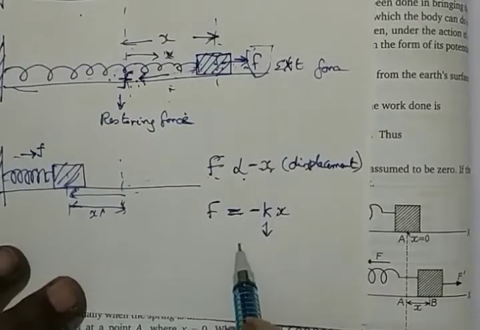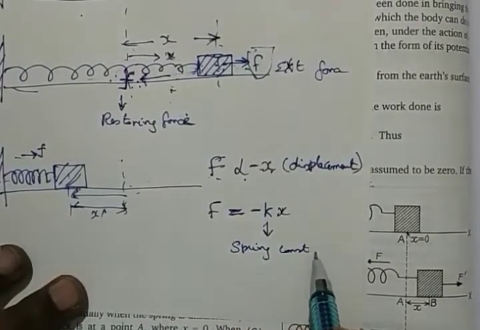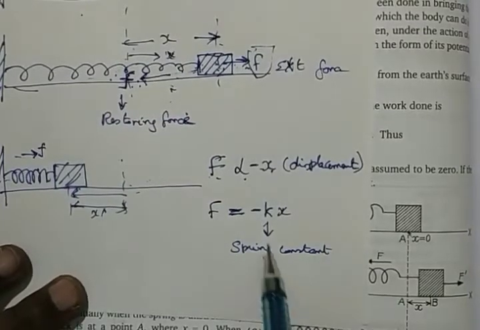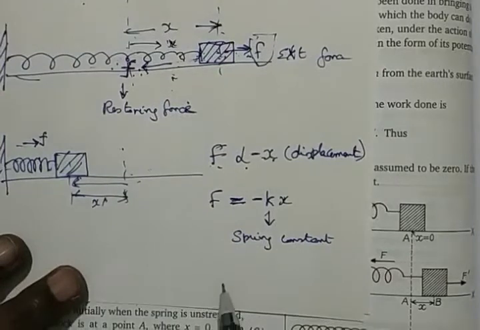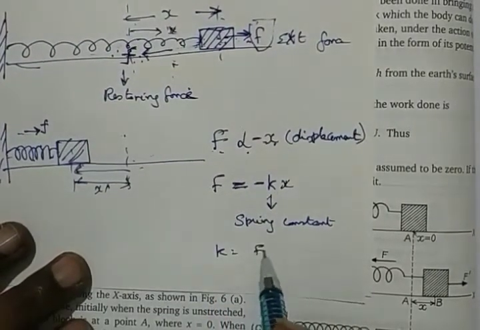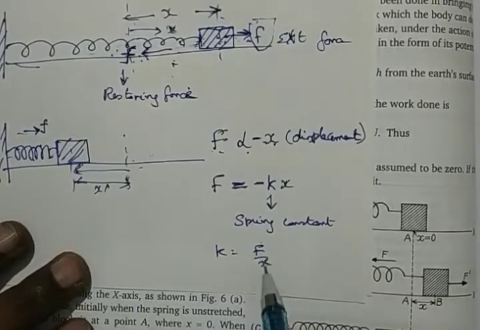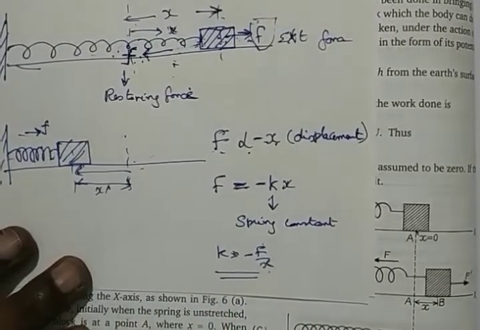This k is called the spring constant. Very, very important equation. k is equal to F upon x, force upon displacement in a negative direction. That is the way in which we define the spring constant.